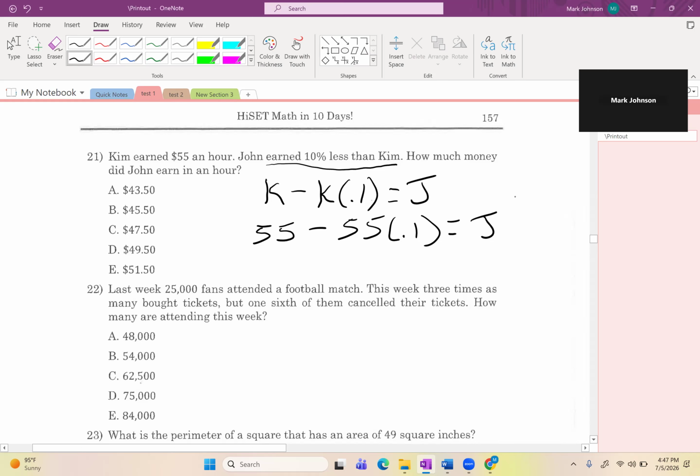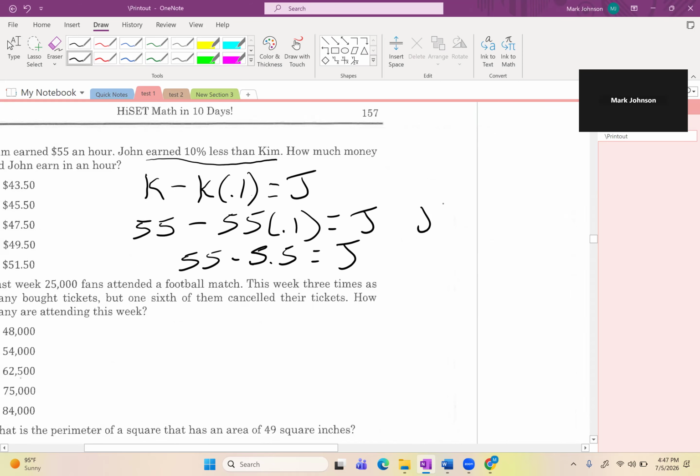So 55 minus 5.5 equals John. So John equals 49.5.